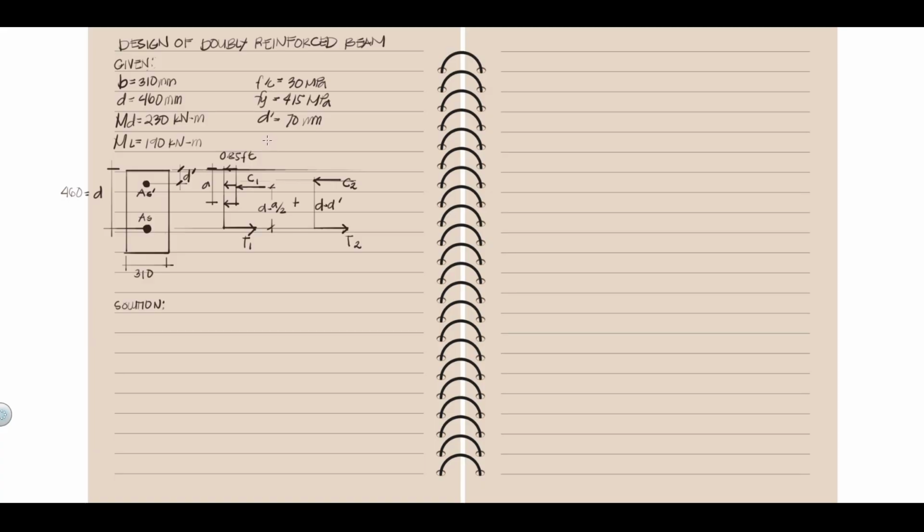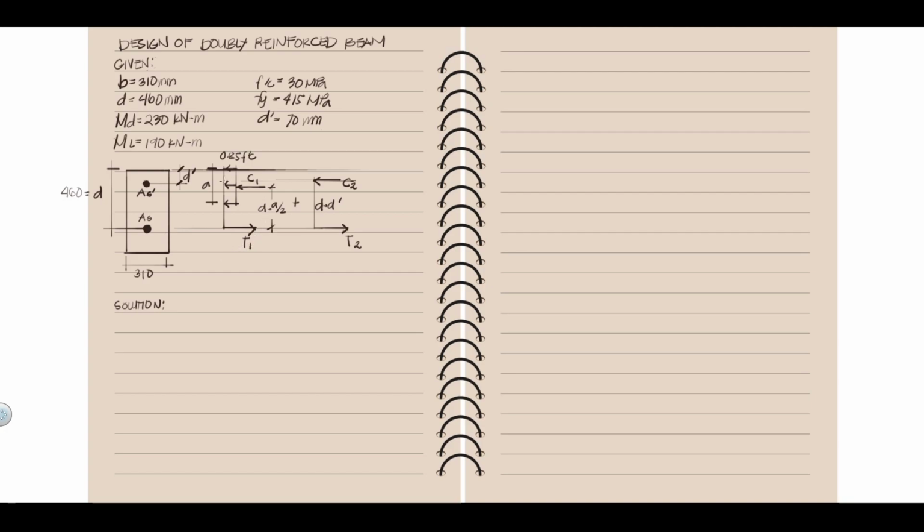As you can see here, we have the diagram for a doubly reinforced beam. Here we have the cross section of a doubly reinforced beam given the dimensions, and of course the force diagram. For the first diagram, we have C1, which is the compressive force of concrete, plus T1, the tensile force of the steel.